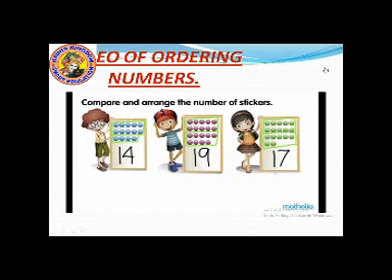Let's arrange the number of stickers from the smallest to the greatest. 14 is smaller than 19 and smaller than 17. 14 is the smallest number. 19 is greater than 17 and greater than 14. 19 is the greatest number. From the smallest to the greatest, the numbers are 14, 17, and 19.